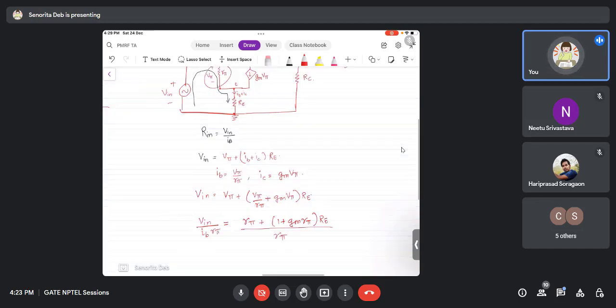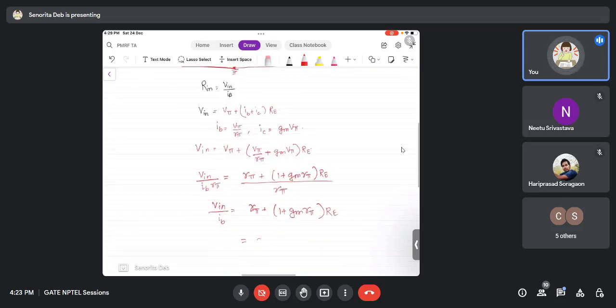Now R pi gets cancelled out, and you get Vin by IB equals R pi plus 1 plus GM R pi into RE. And in place of GM R pi you can put beta, that is nothing but the amplification factor, right? Now you see your input impedance has increased.